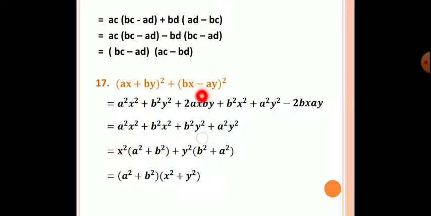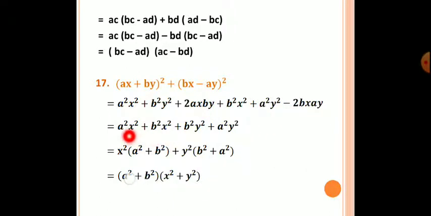In the second one, we will be using (a - b) whole square. So (bx) whole square is b square x square, plus (ay) whole square is a square y square, minus 2ab, that is 2bxay. Now see, these two terms are same. One is in plus and another is in minus. So we can cancel it out.